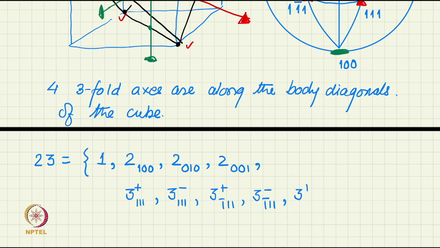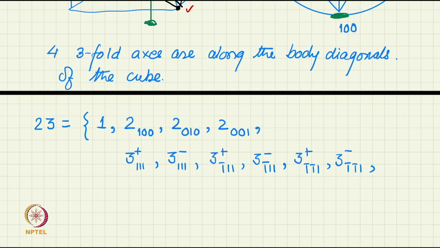Now, about the third axis, 3 plus bar 1 bar 1 1, 3 minus bar 1 bar 1 1, and 2 more about the last threefold axis. So, that is 3 plus 1 bar 1 1 and 3 minus 1 bar 1 1.